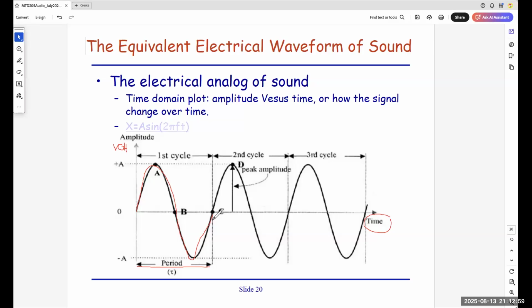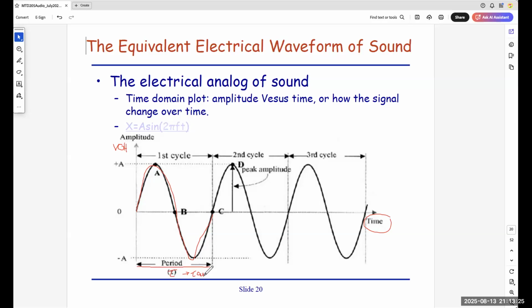How long one cycle lasts, we use a term called the period to determine. This period is called tau, T-A-U, a Greek letter called tau. Tau represents the period, how long one cycle lasts.